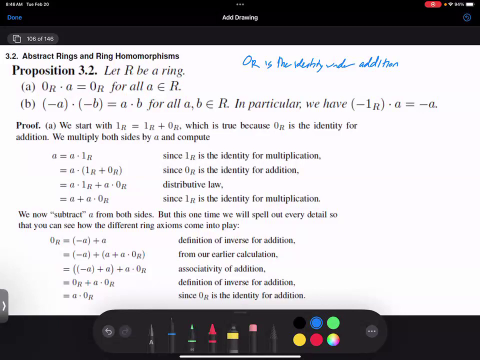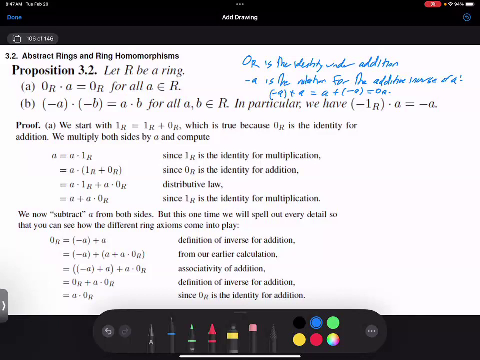So it's important to just unwind, what is this actually saying? What does negative A mean? So negative A is the notation for the additive inverse of A. So it means negative A plus A equals A plus negative A equals what? 0.